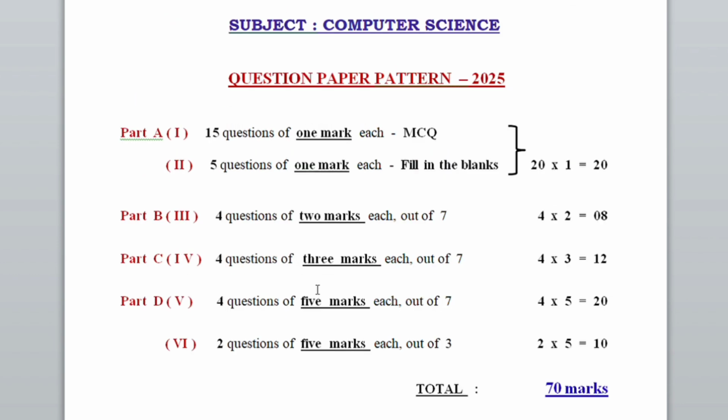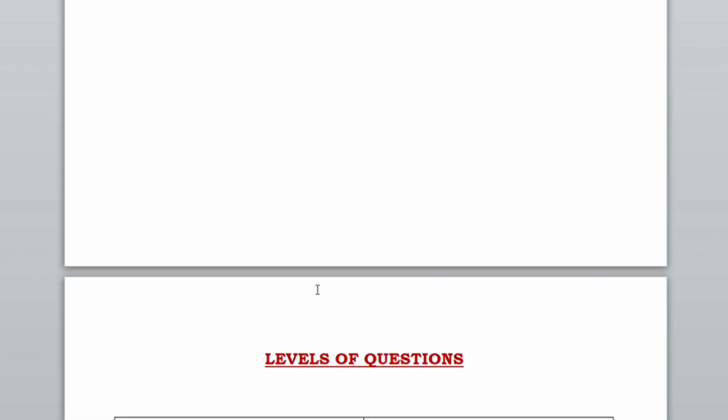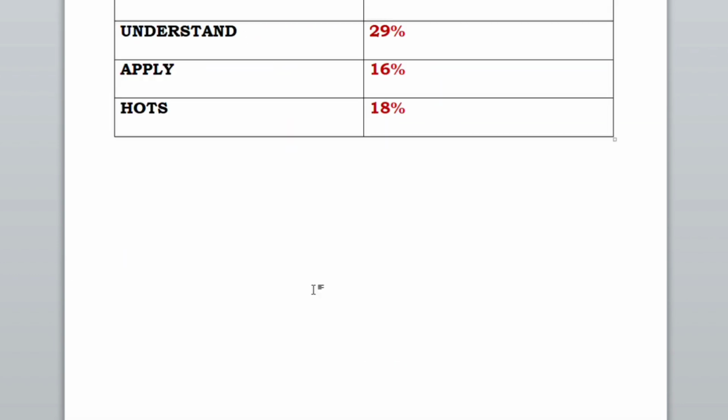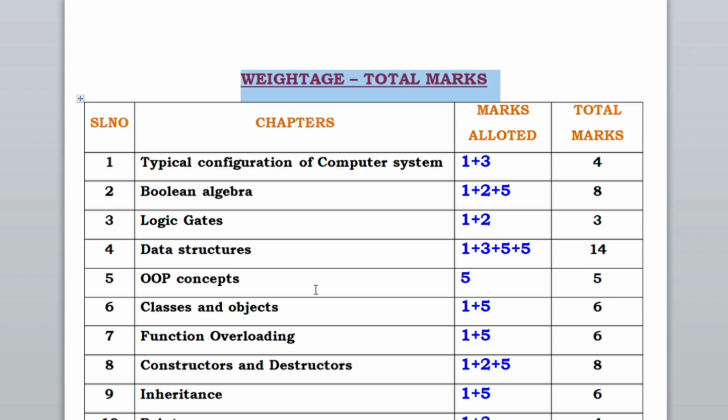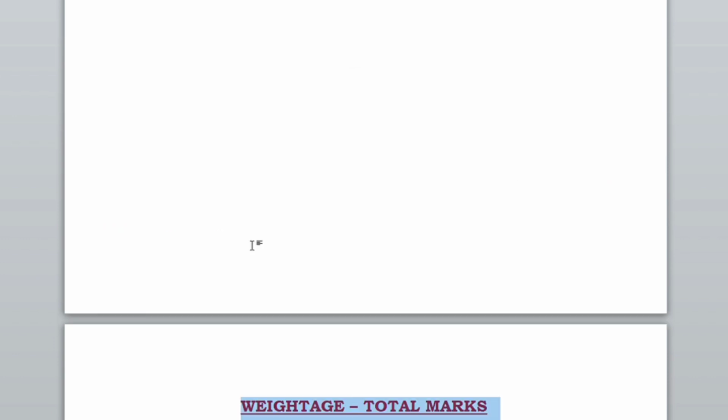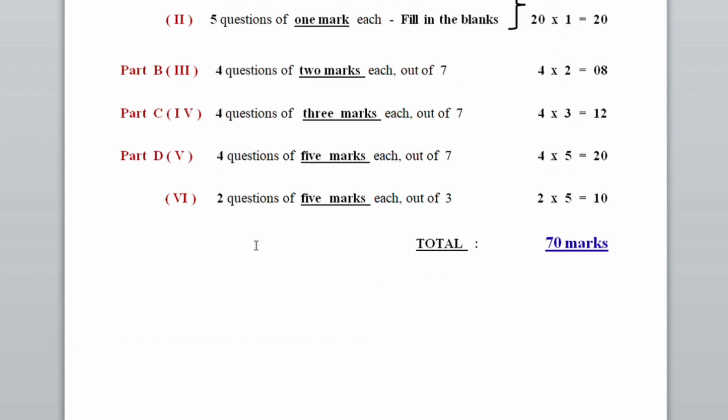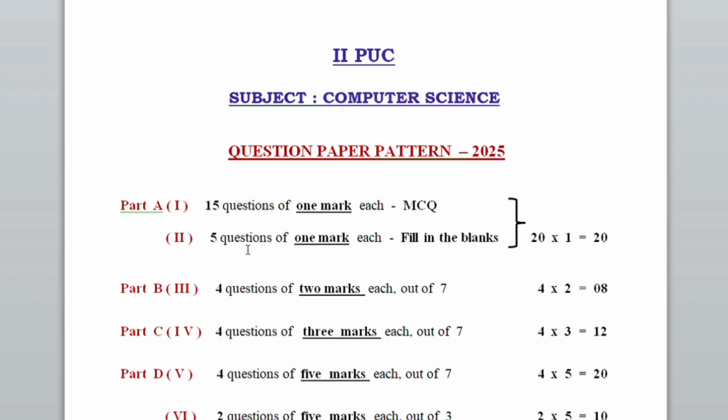So let us understand the question paper pattern first, then the levels of questions, followed by the weightage, that is the total marks allotted for each and every chapter. And then we will compare this with the 3 model papers. So let's get started.